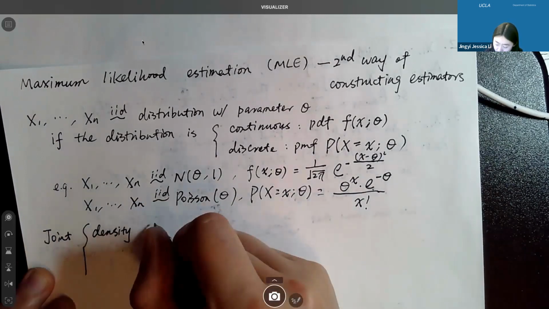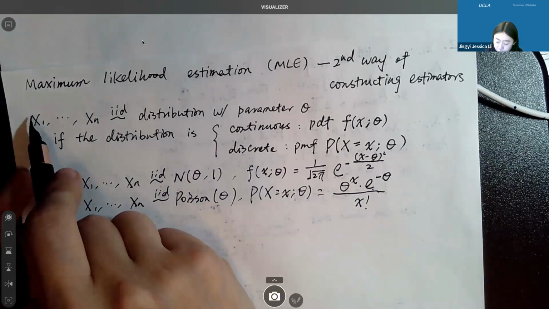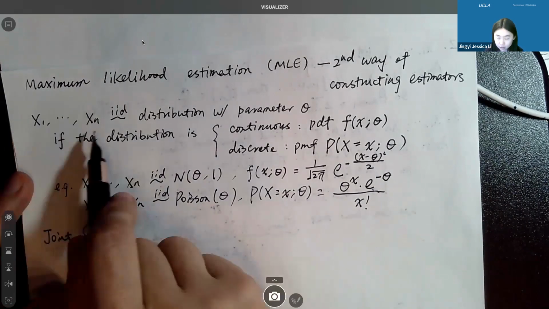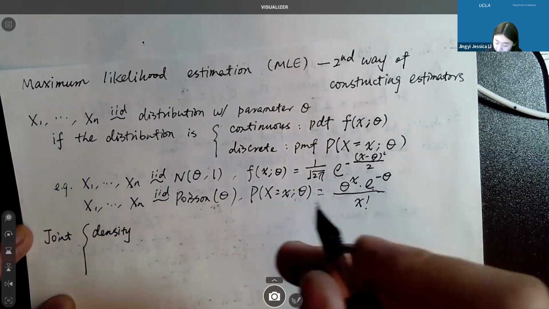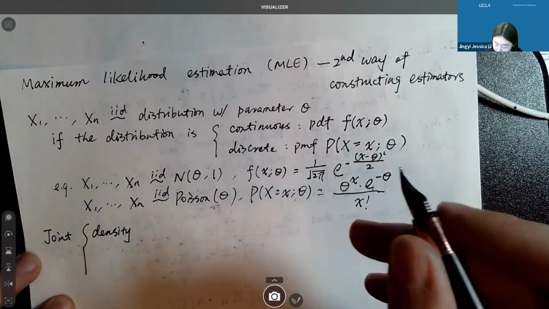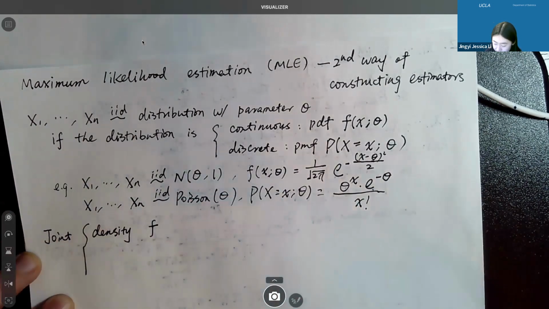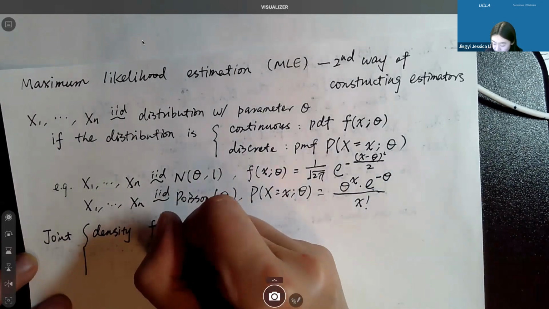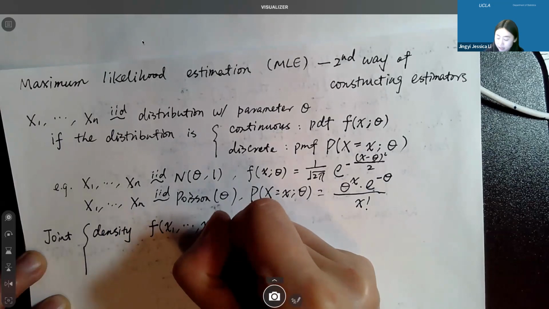We are going to consider the joint density of X1 to Xn, which we write as f of x1 to xn, given theta.